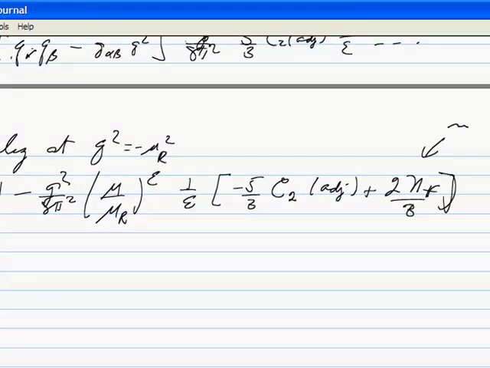That was from the fermion diagram that we did first.